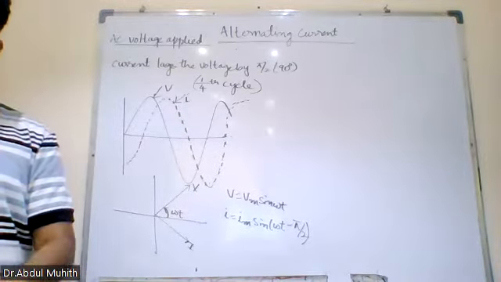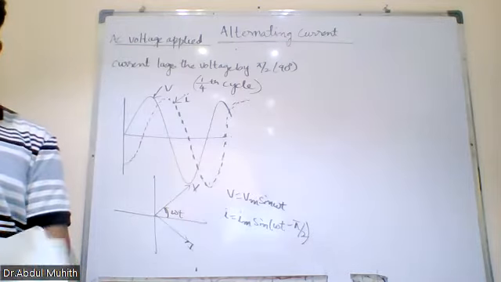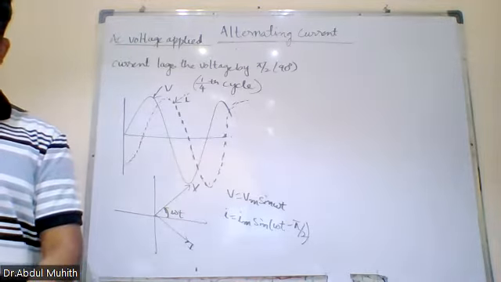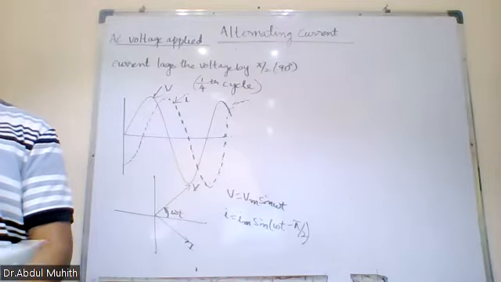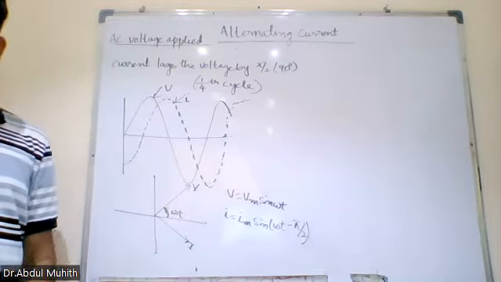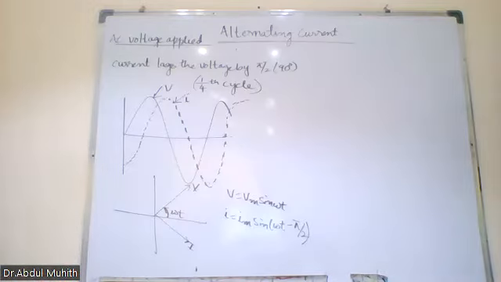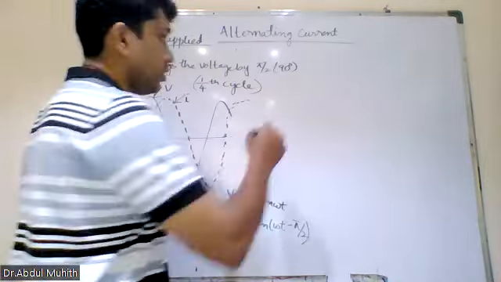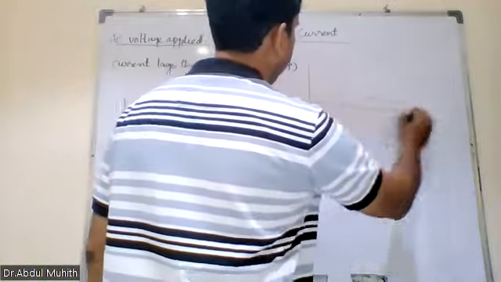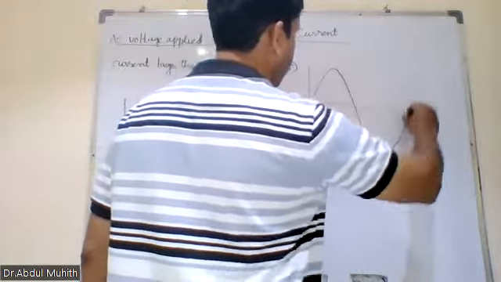Now, I would like to go a little ahead. See here, in this case, suppose I'm just drawing a voltage signal and I'm explaining what happens in one cycle.